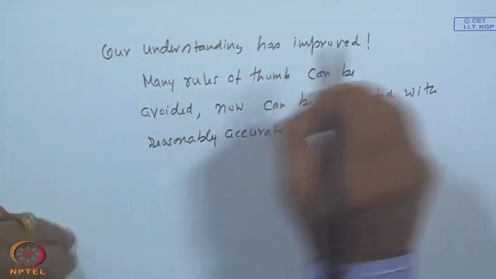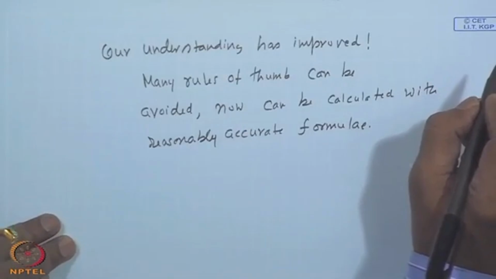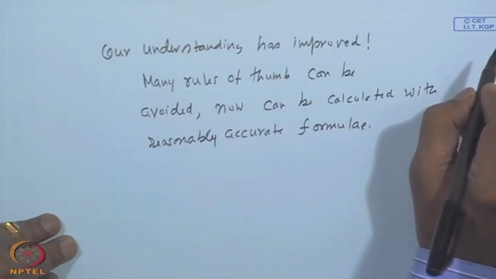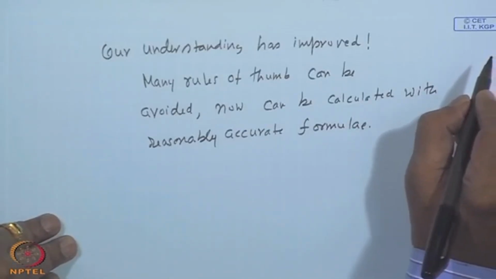This is particularly evident in the architecture, the sun path diagrams of the sun's position, shadow length, everything can be estimated now.